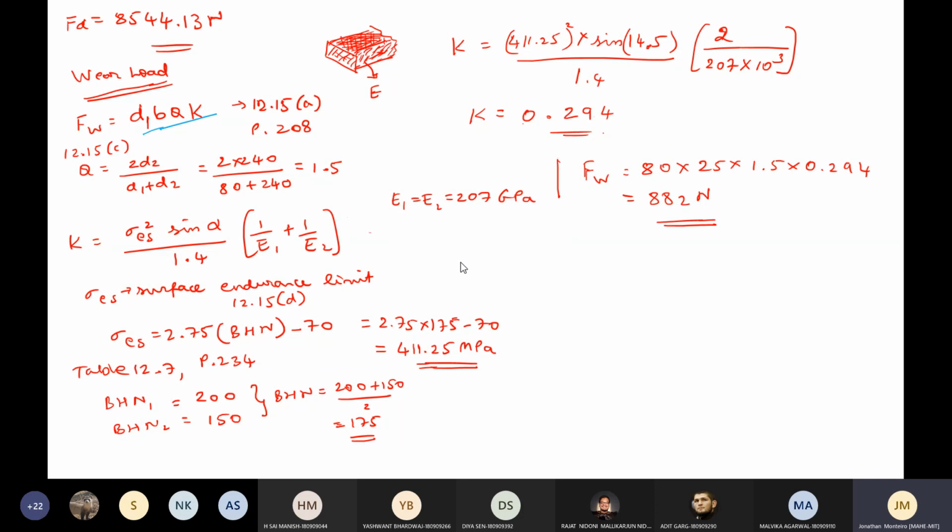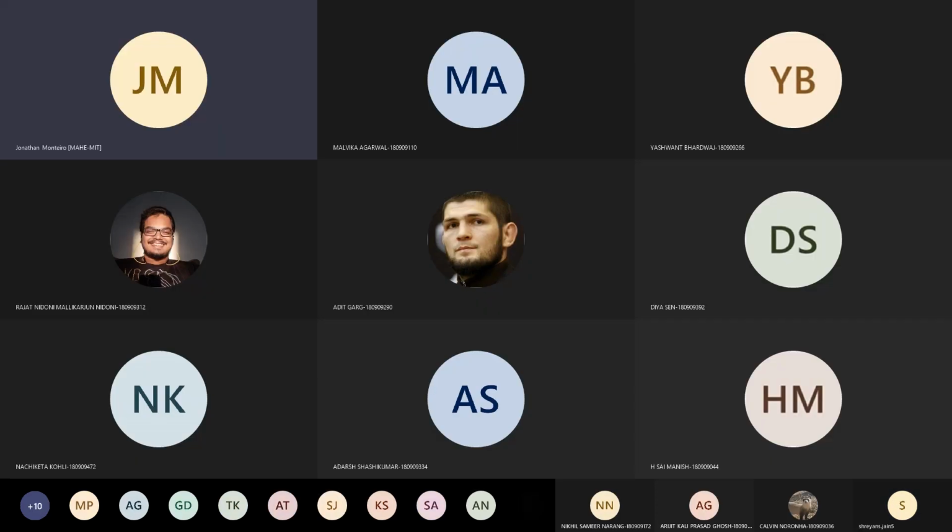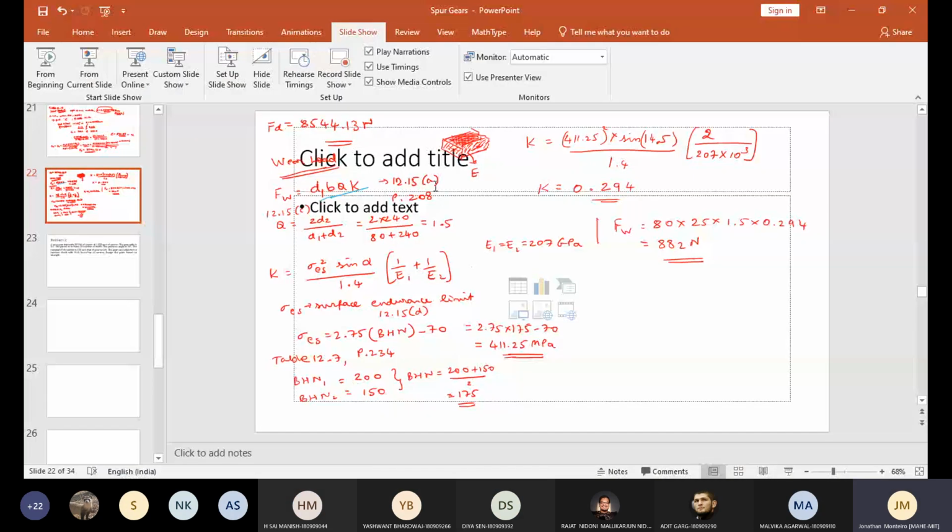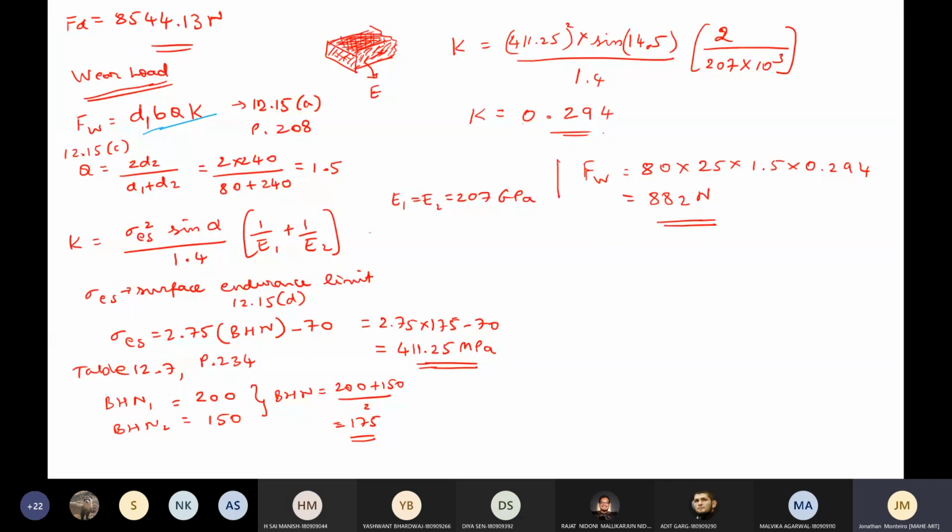Yes, sir, I can see the screen. Okay, let me do it again. I'm already sharing the screen, students. If there is any problem, you can just log out and log in again. It might get solved.